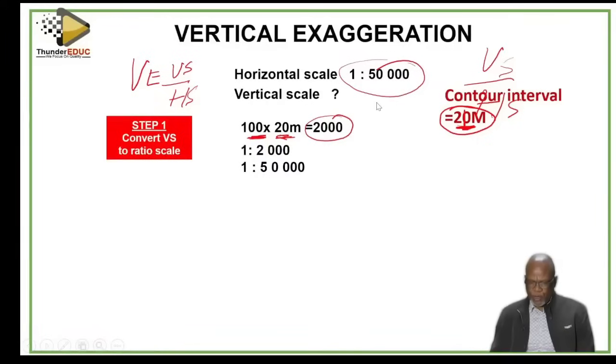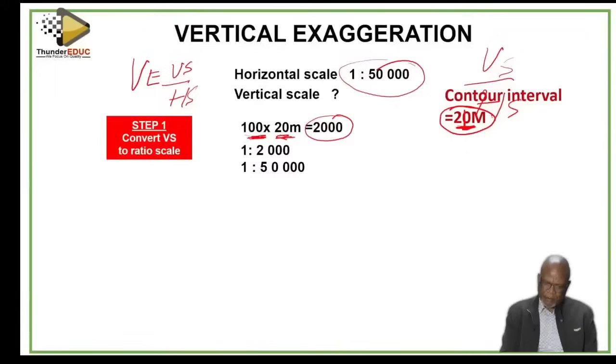So what do we do now? The horizontal scale given is 1:50,000. Are we given any vertical scale? No, we're not. But we know our contour interval on the map is 20 meters. How do we get our vertical scale? There are 100 centimeters in a meter, but our contour interval is not 1 meter, it is 20 meters.